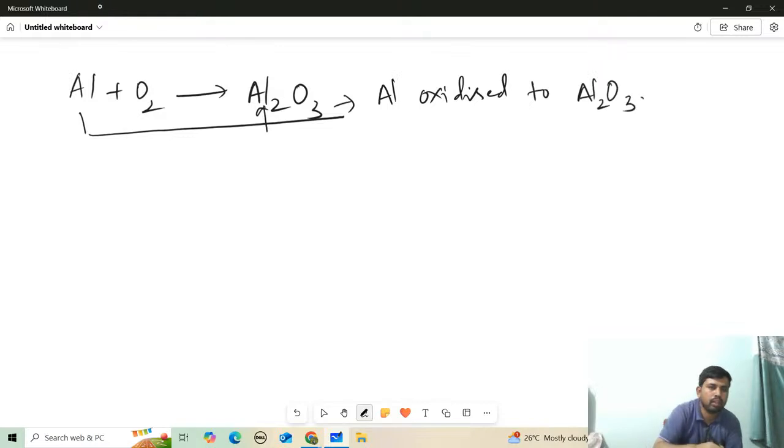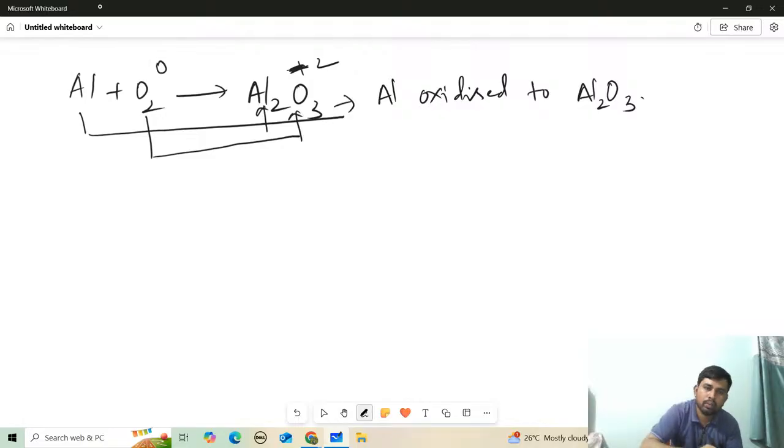Similarly, for oxygen, the oxidation state goes from 0 to minus 2.